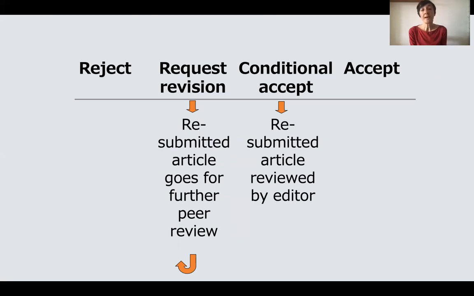In this case, the articles are given 6 months to revise, to be rewritten, and they are given a lot of feedback from the 2 reviewers on how to do the revised version. When the articles are resubmitted, they go again for peer review, and the process starts back again from the beginning.